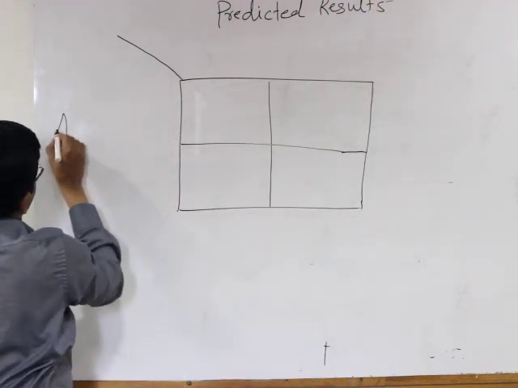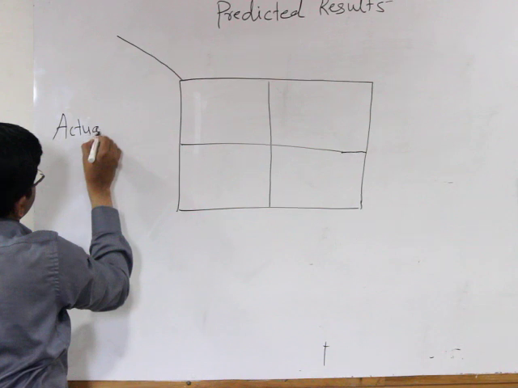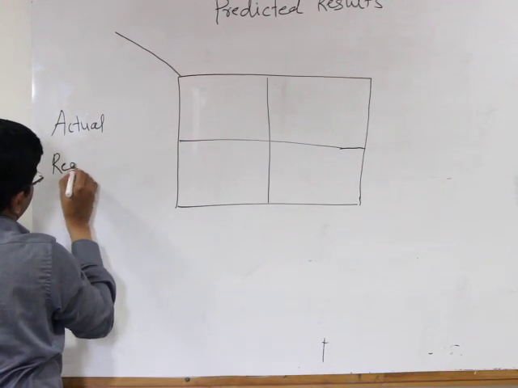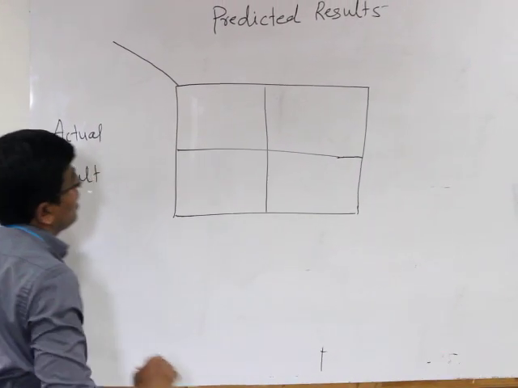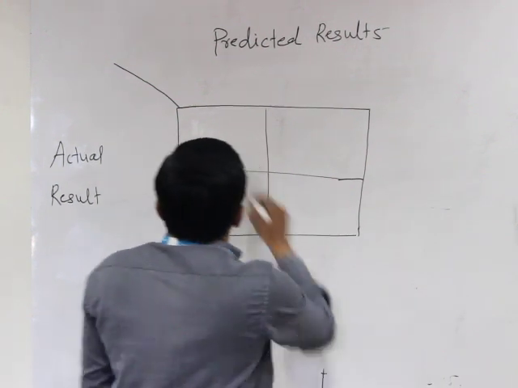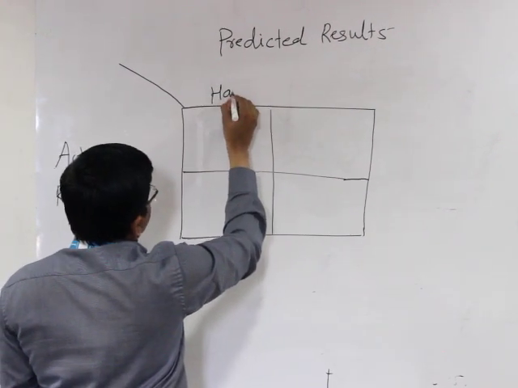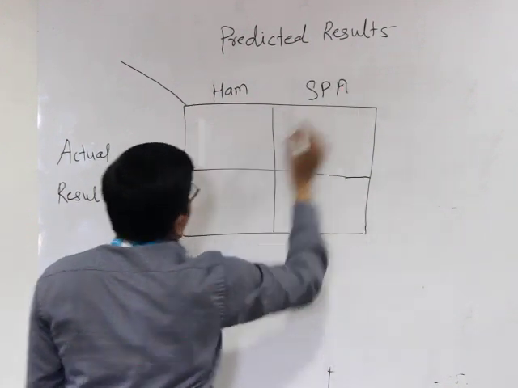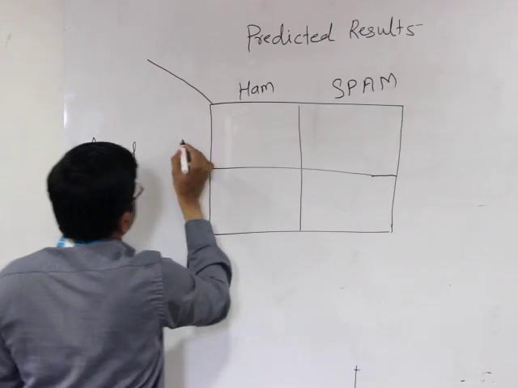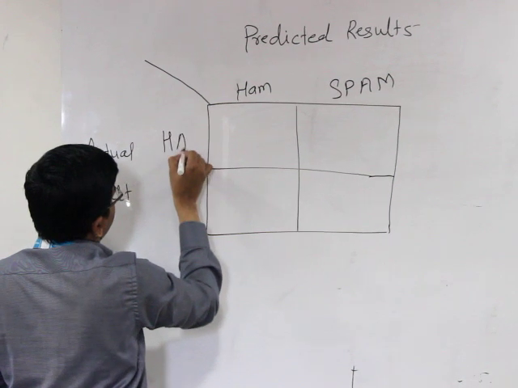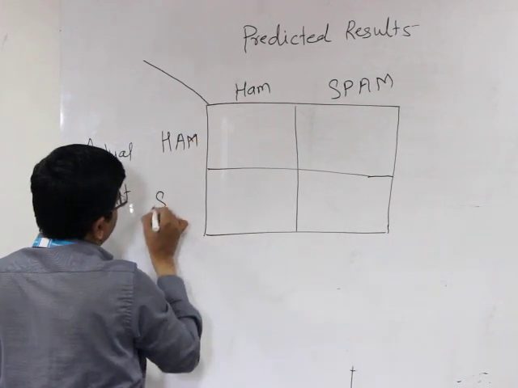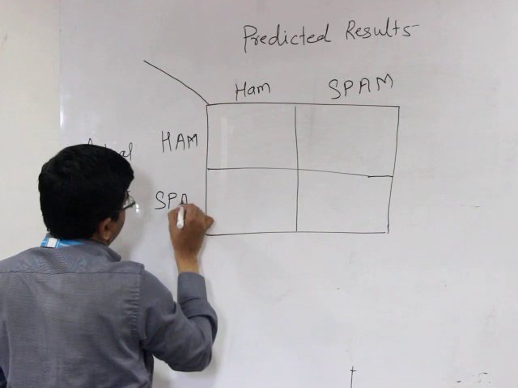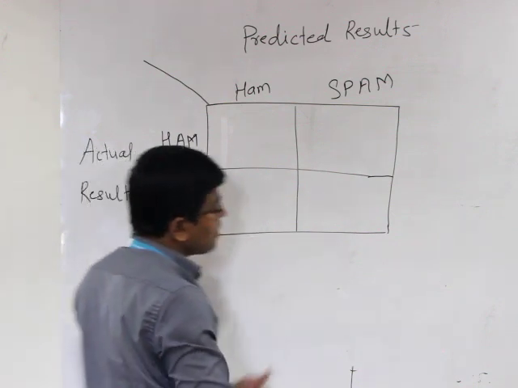And these are the actual results in row-wise. So let's say this represents ham predicted, spam predicted, and this is actually ham and predicted spam, actually spam.